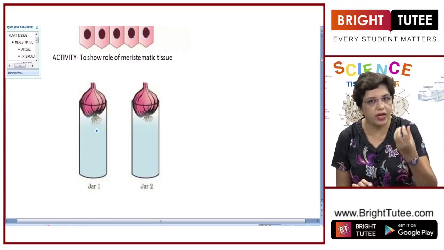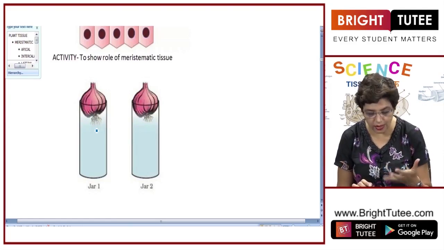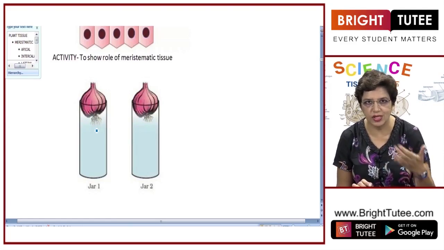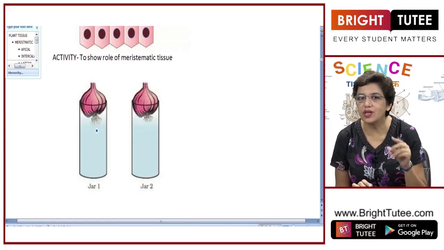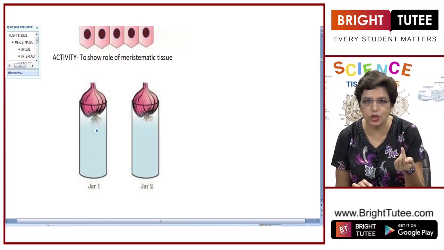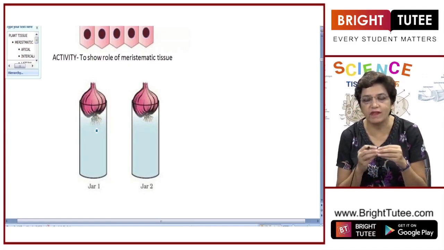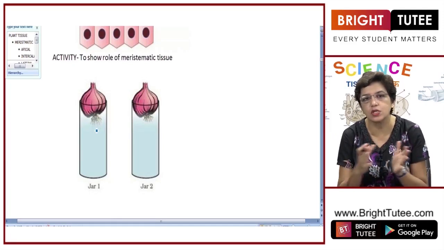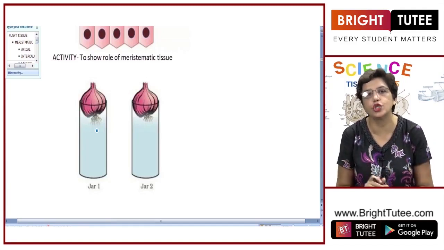You will notice that the roots start growing. They will increase in length because they are getting water, which is helping them to grow. Now try to understand: this growth is because of the meristematic tissue present at the tips of the roots. Those tissues will divide. The cell division will cause elongation as well as more cells, because of which the length of the roots will increase.